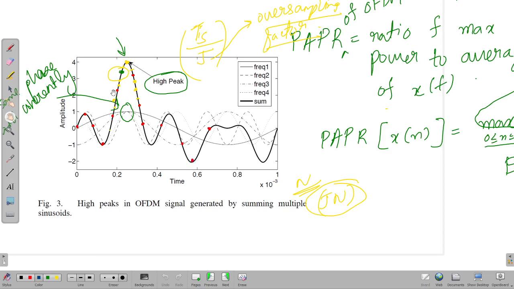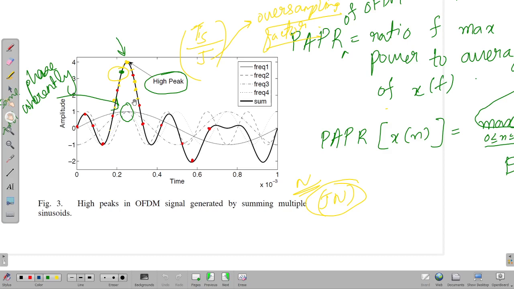Then you have all the points. If the oversampling factor is infinity, the sampling time goes to 0, which means the samples are so close to each other that they actually give you the analog signal as such. But that is not practical. We cannot have hardware which does oversampling by a factor of infinity.